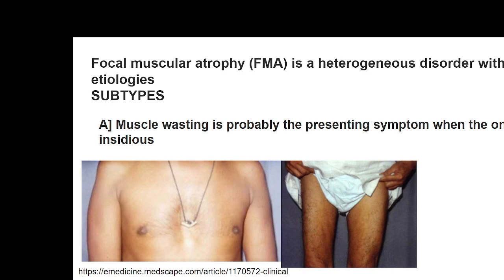Now, the neurological pathologies resulting in muscle atrophy: one of the common conditions is what we call focal muscular atrophy, and the other is spinal muscular atrophy, the two major conditions. Then of course there are a large number of syndromes. If you see neurological textbooks, there are around 15 to 18 types of syndromes related to muscle atrophy.